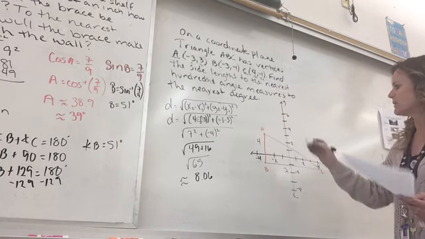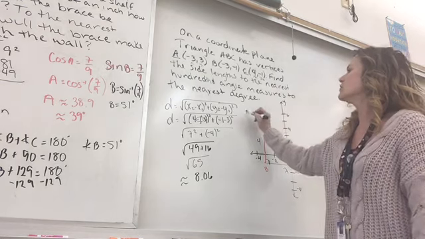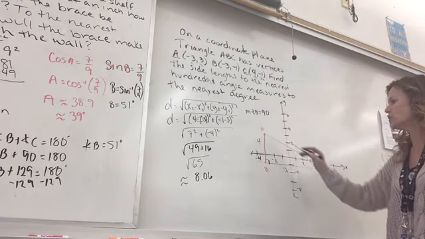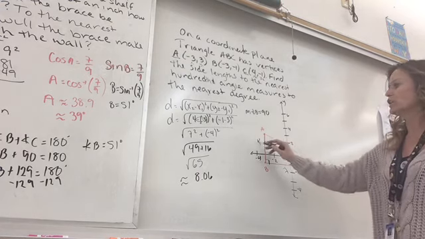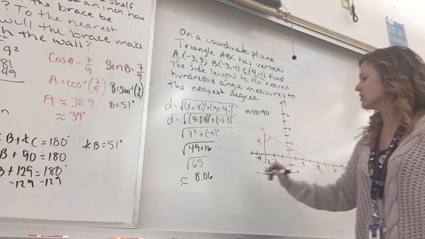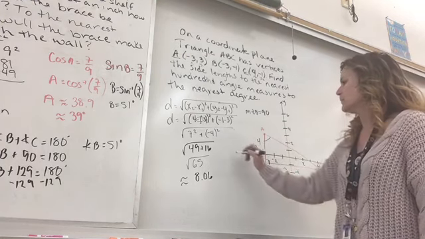So now, if I want to find my angle measures, well, B is what? 90. So the measure of angle B equals 90 degrees. Now we can choose to find A or C. We're going to use the 4 and the 7, not our estimated value. So for angle A, this is the adjacent, this is the opposite.